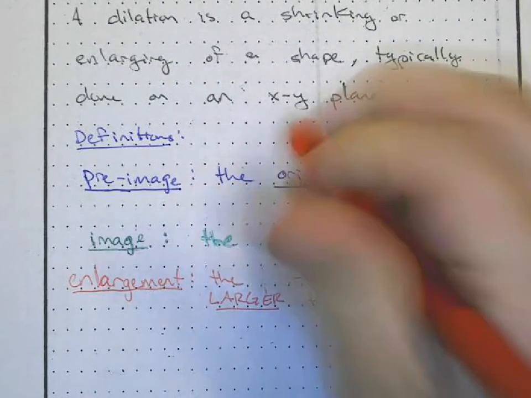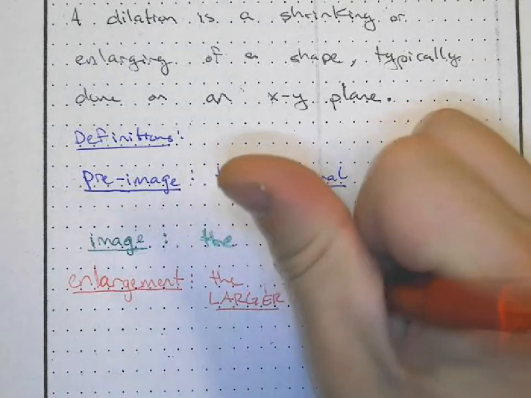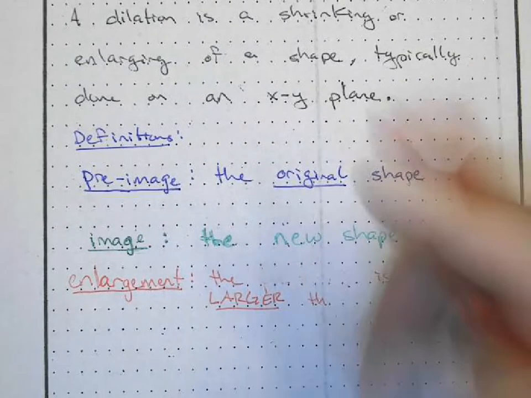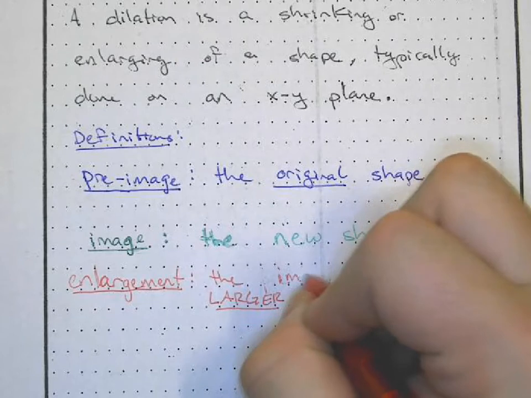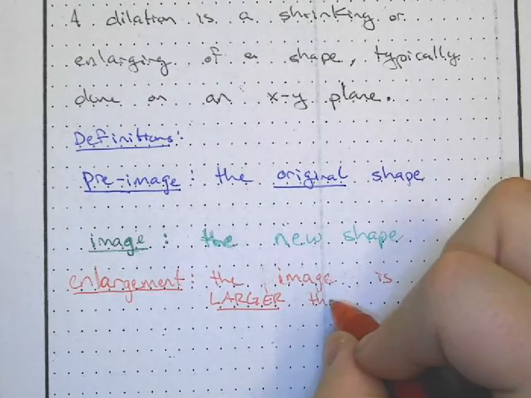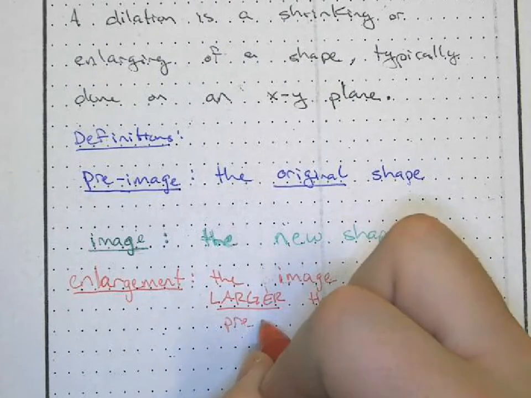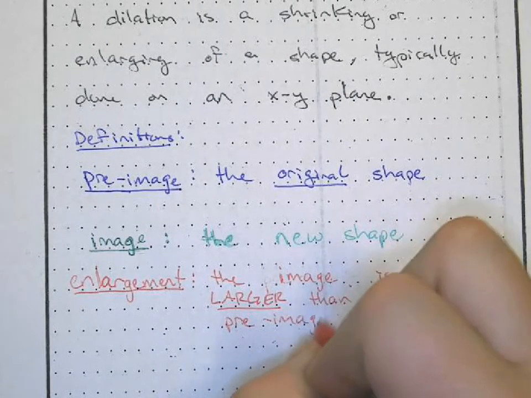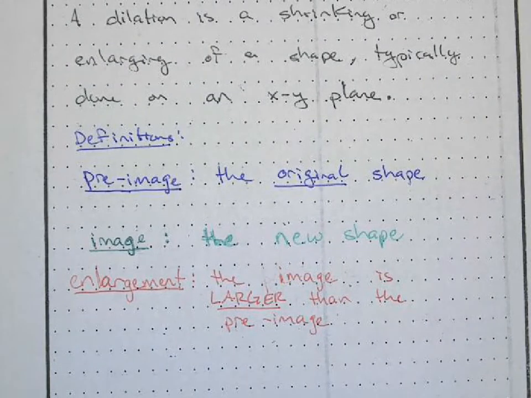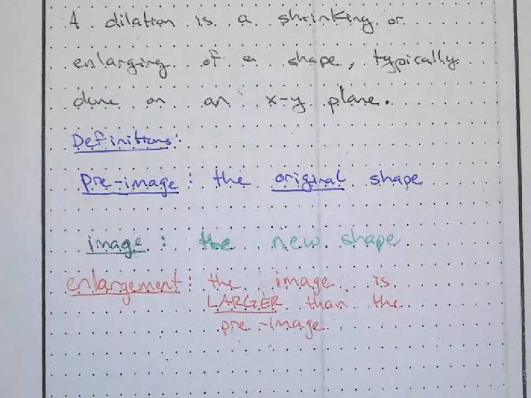I apologize. The image is larger than the preimage. So your new shape is larger than your original shape. The image is larger than the preimage.